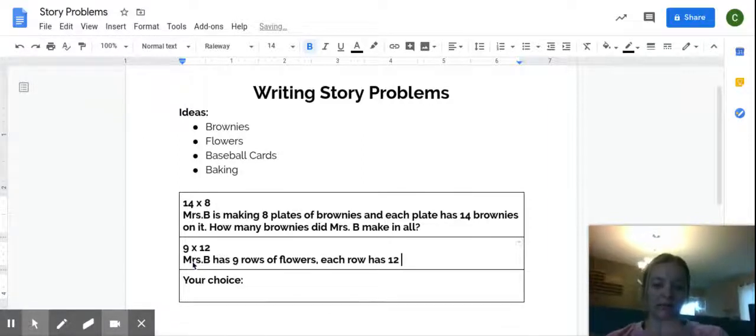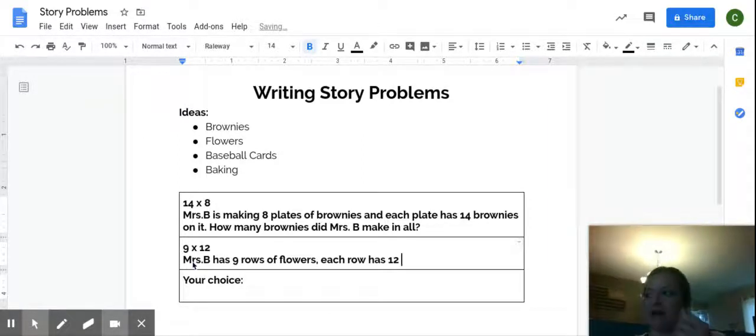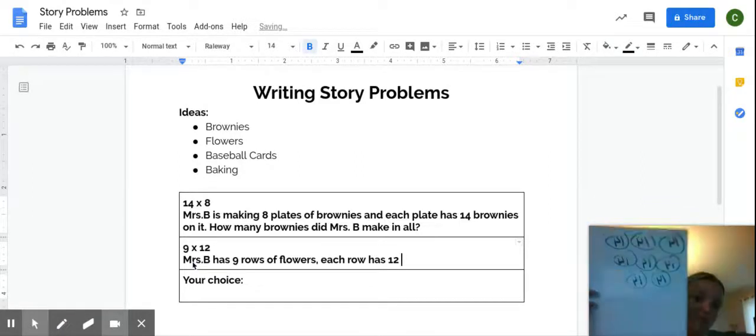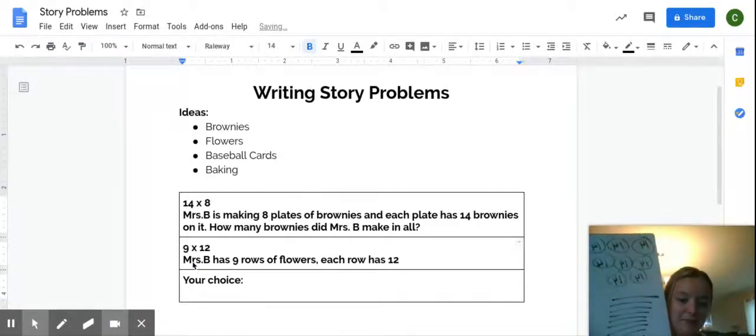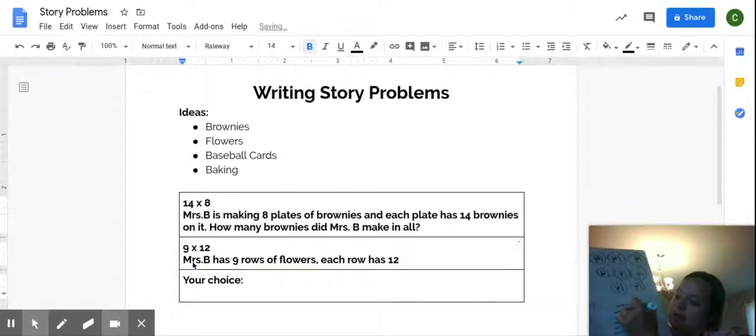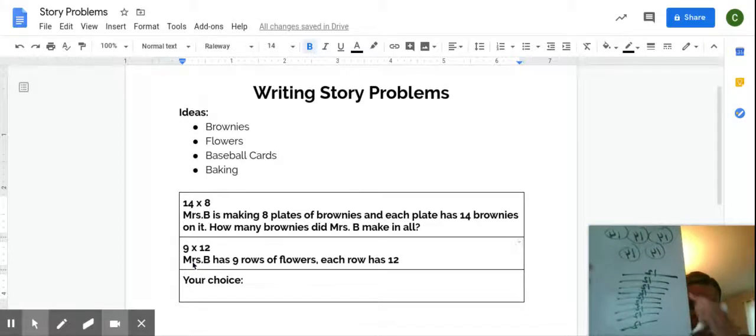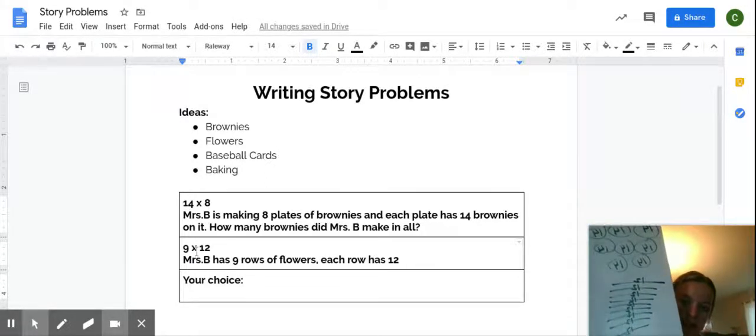So again, I'm using my information. I'm thinking about if I have 9 rows of flowers, and I'm going to do 9 times 12. I need 12 in each of these. Right? I have 9 rows and 12 in each to match my 9 times 12.